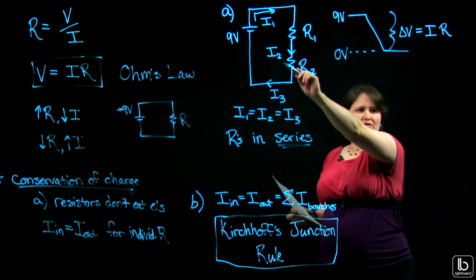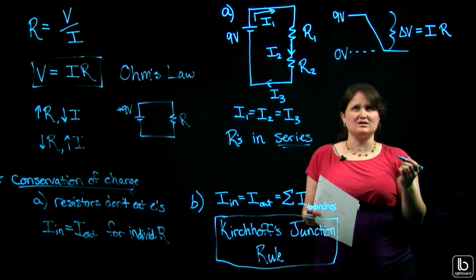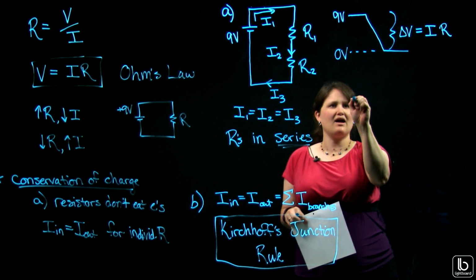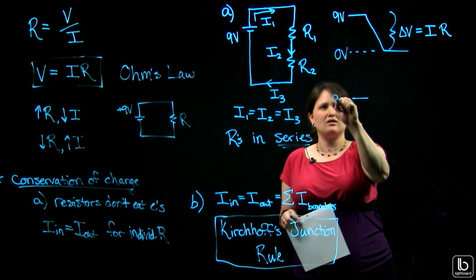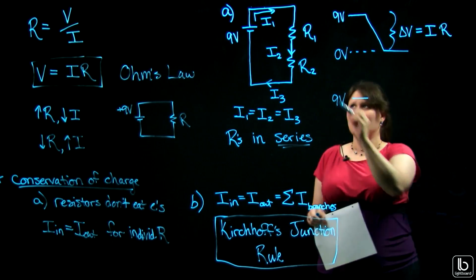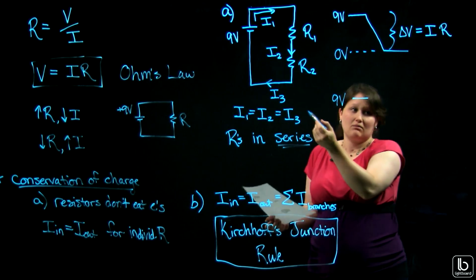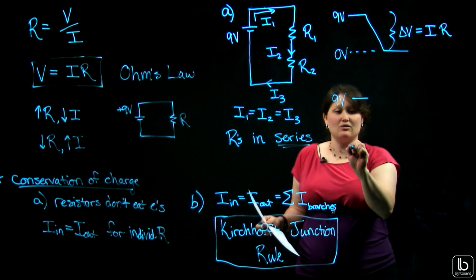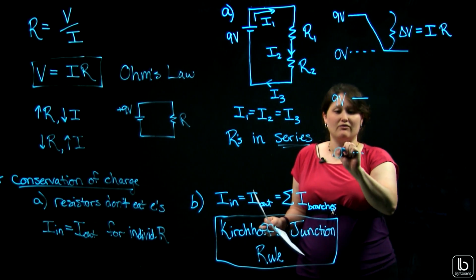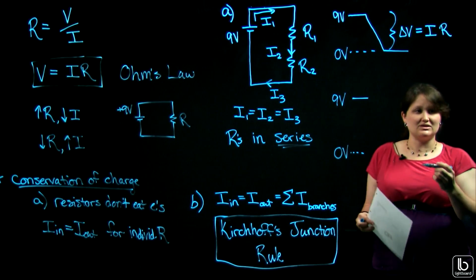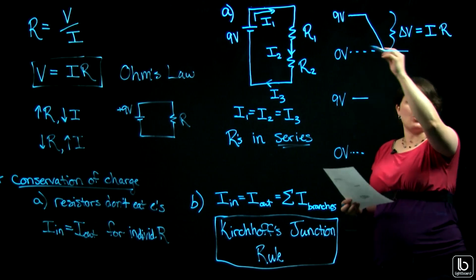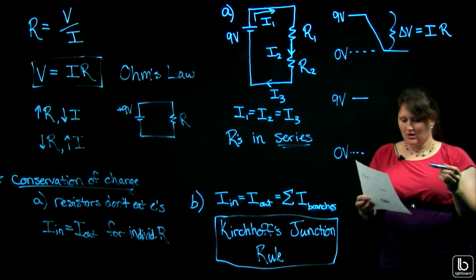But now we're dealing with this case where we have 2 resistors. And I still have this same 9 volts that I'm starting with. And what do I end with? It's the same battery, so I still end with 0 volts. So I'm still going to experience the same total voltage drop.